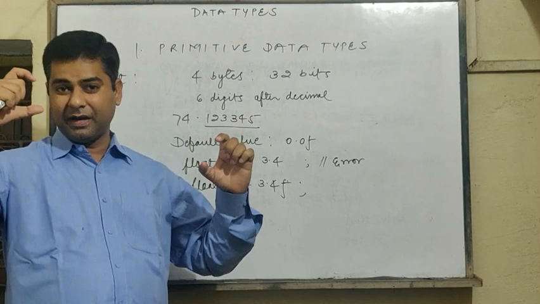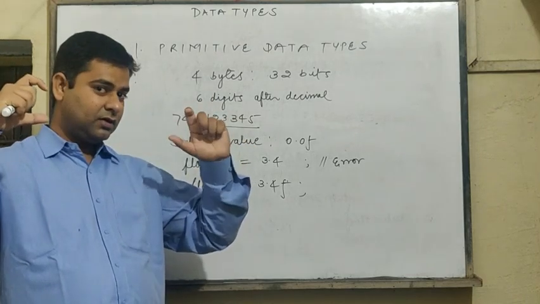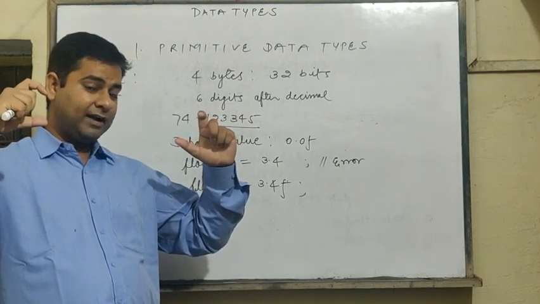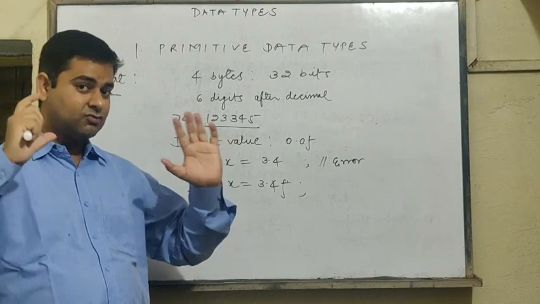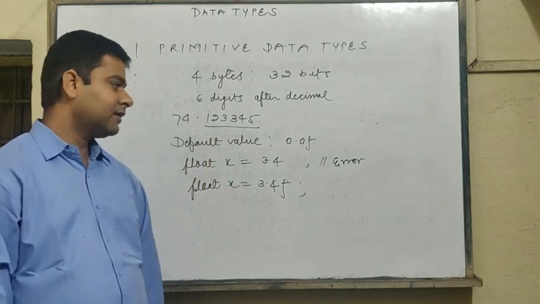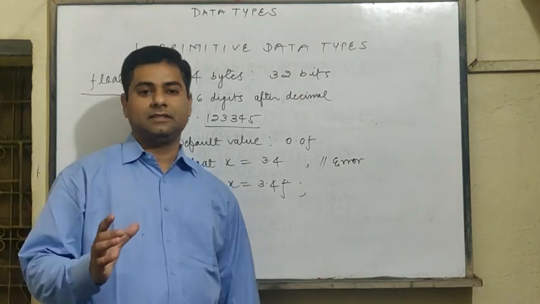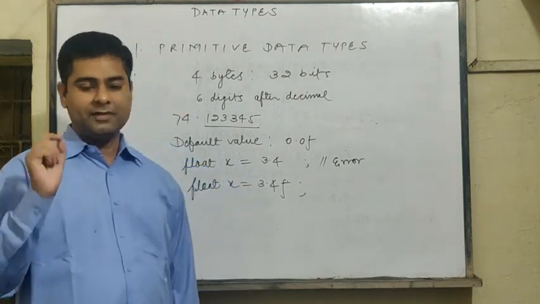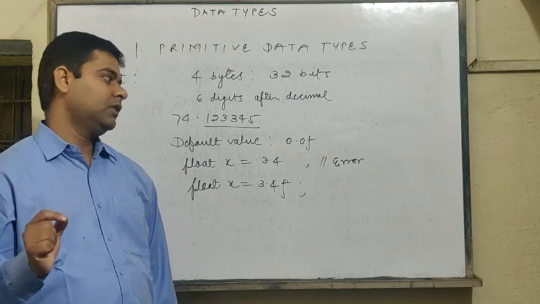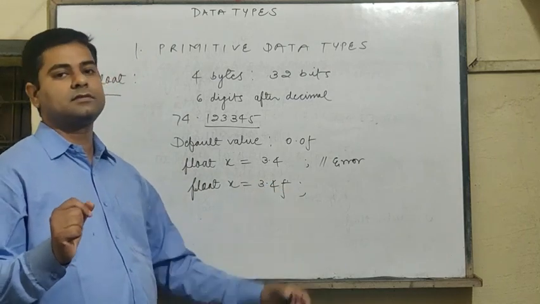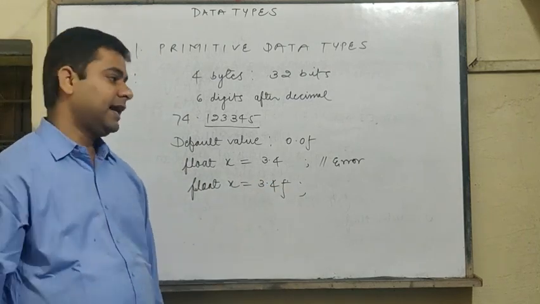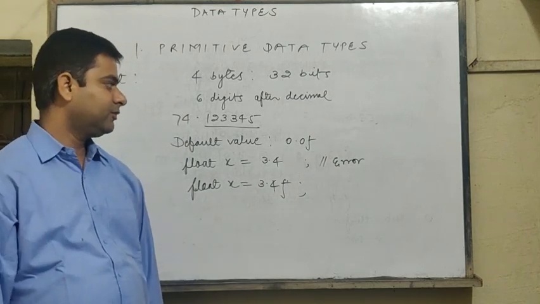So a value of 8 bytes cannot be stored in a variable of 4 bytes. Okay, so this will give you an error. To resolve this error, what you should write: float x equals to 3.4f. So all the float constant values must be written with suffix F, either capital F or small f.